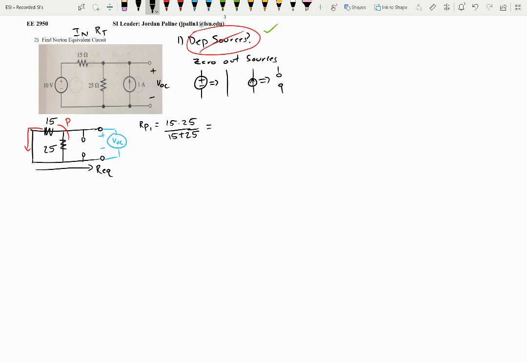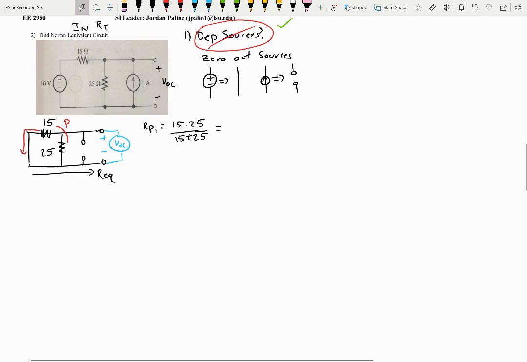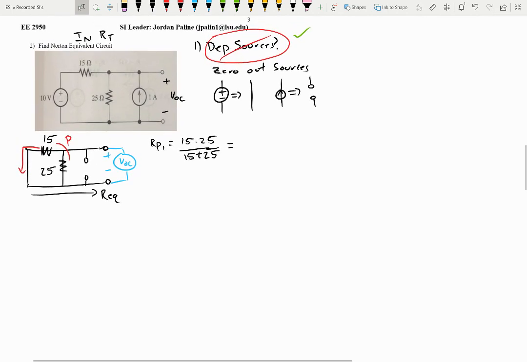And that will give us 9.375 ohms. So if we go and redraw that, where we have that R parallel 1, where it's 9.375.